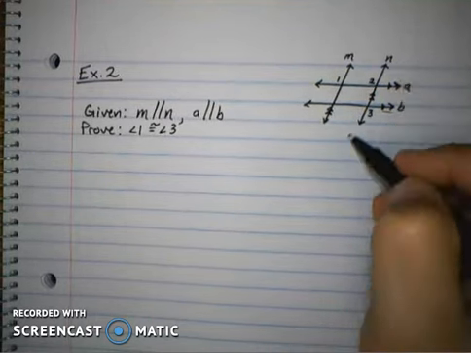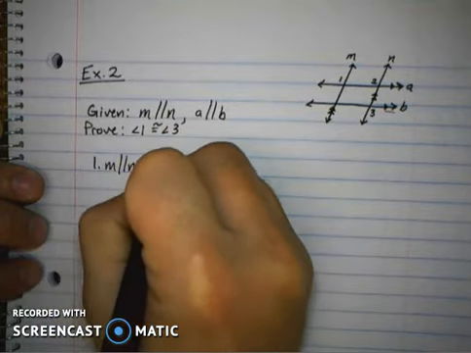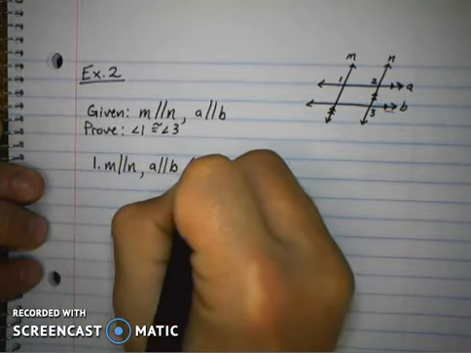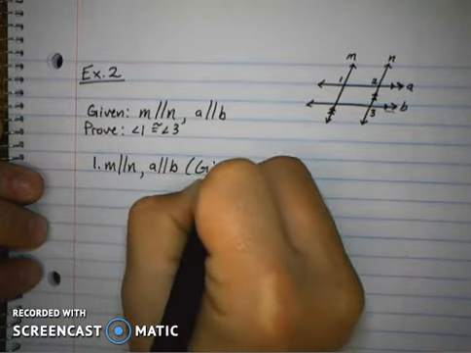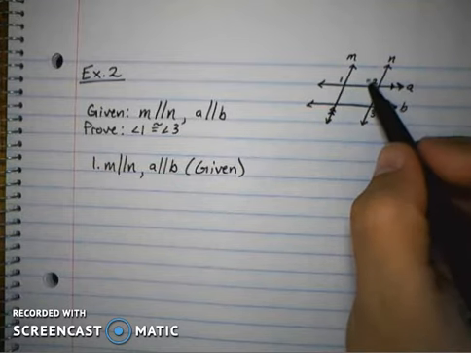The first statement, again, needs to be the givens, both of them together. And now, we want to say that 1 and 3 are the same measure, so I'm going to help you make that connection before we write anything out. Angle 1 and angle 2 are corresponding angles because of these parallel lines and transversal A. They're corresponding angles, so they have to be congruent.